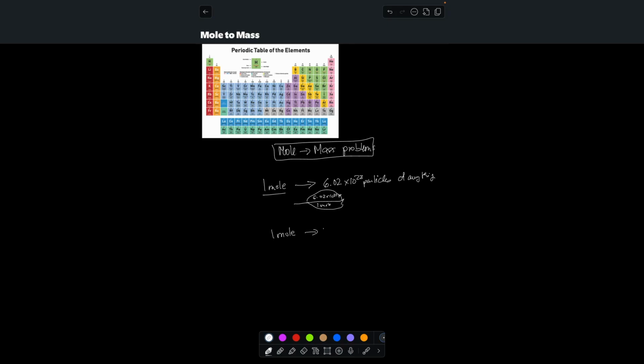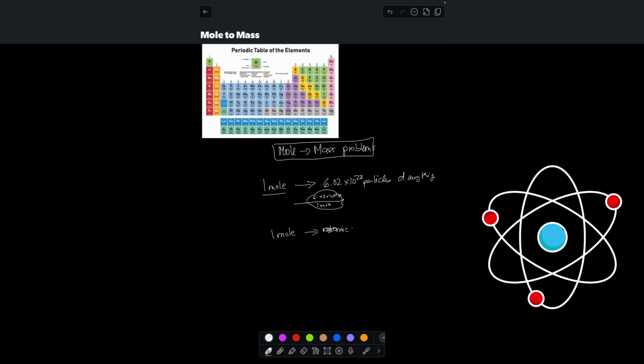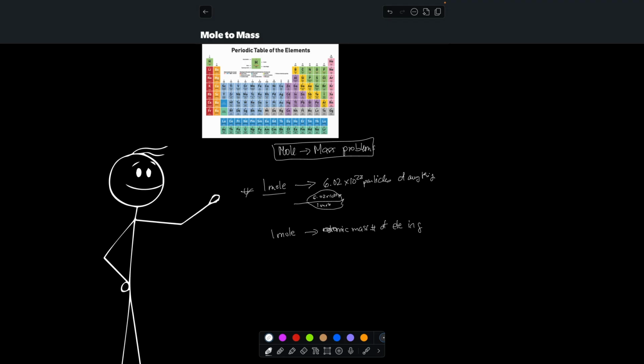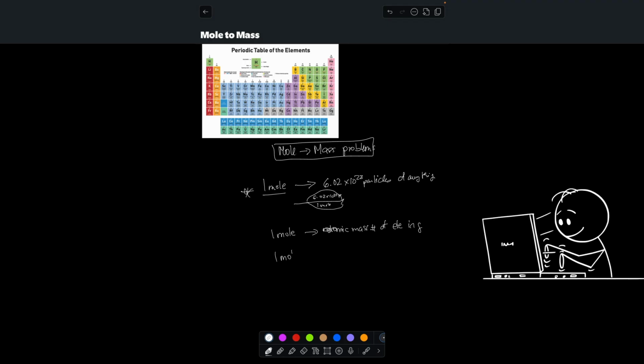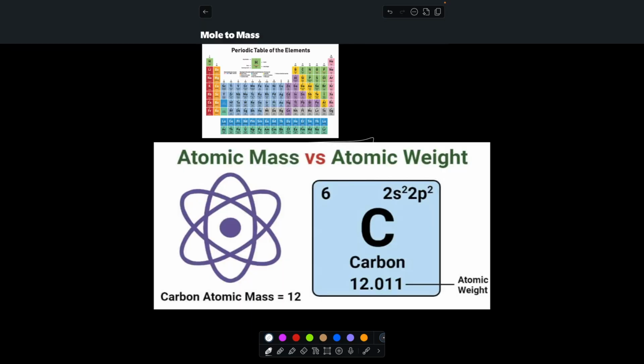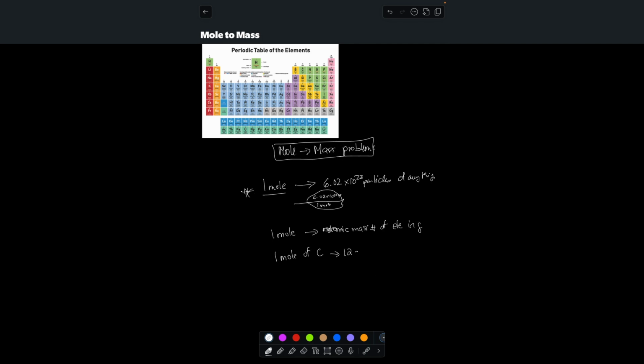So that would be the atomic weight, I should say, the atomic mass number of an element in grams. So not only is it a number of particles over here, but if I look, let's say, at 1 mole of carbon, that will be the same as its atomic weight or atomic mass, which is in this case 12 grams of carbon.